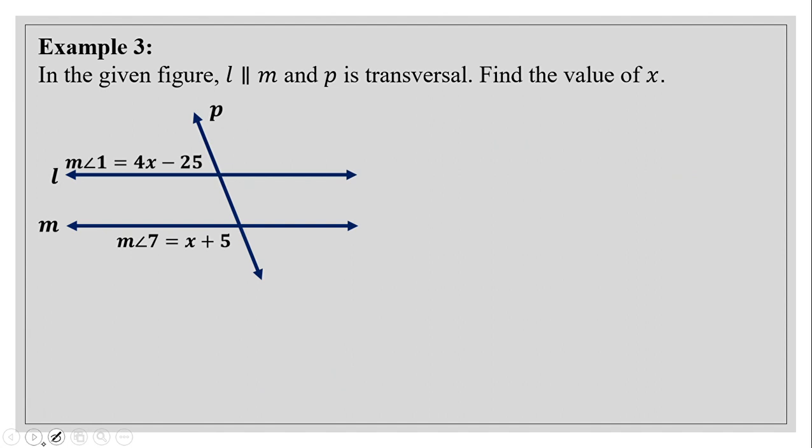Next, we have this example. Given the figure, line M, same as previously. Let us find the value of x. Since we have measure of angle 1 and angle 7, first let us identify what is the relationship between measure of angle 1 and angle 7.